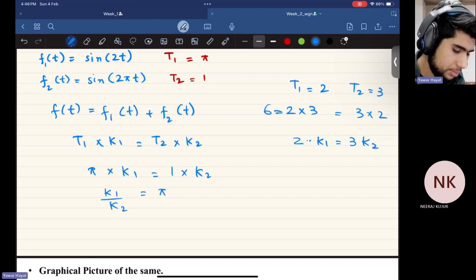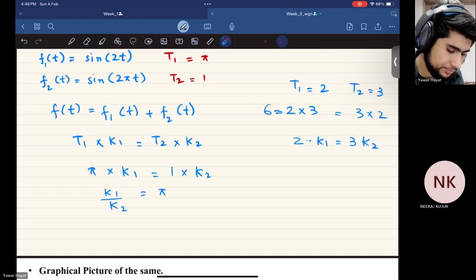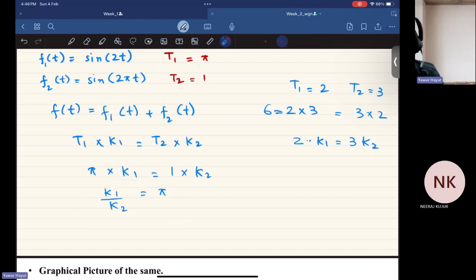K1 over K2 is pi. So what can you comment on the ratio of K1 by K2? Sir, it is an irrational number. Can I write this pi as 22 by 7? Sir, it is an approximation. Pi is not equal to 22 by 7.